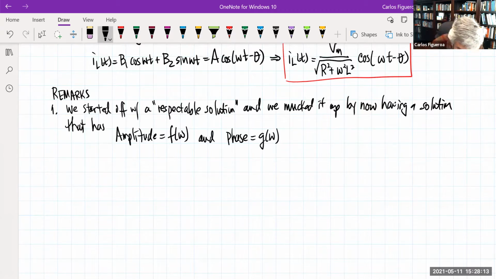And so if we were to look at the details of this thing, whether we like it or not, the solution for AC steady state has to have an amplitude that's frequency dependent. And so the question is, why? Why is this good?